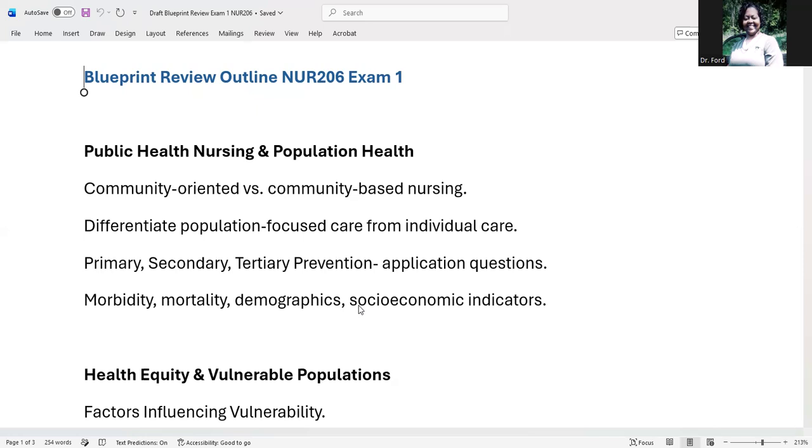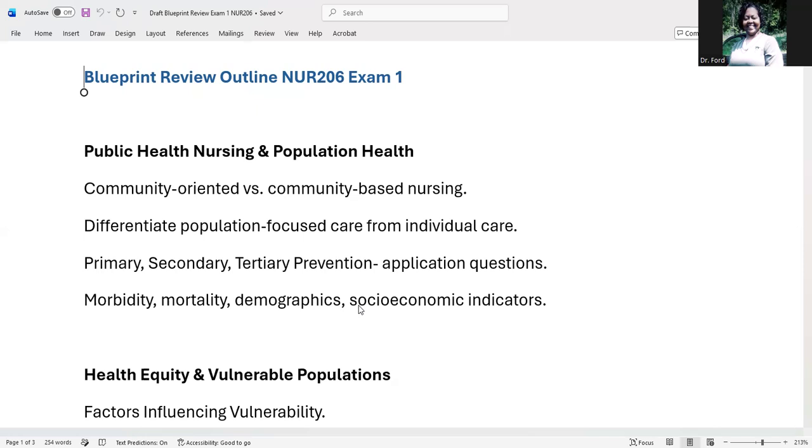Okay, so primary, secondary, and tertiary. We had those three levels of prevention. Specifically for primary, we want to inform and educate in hopes that an injury does not occur, in hopes that a disease process does not occur.